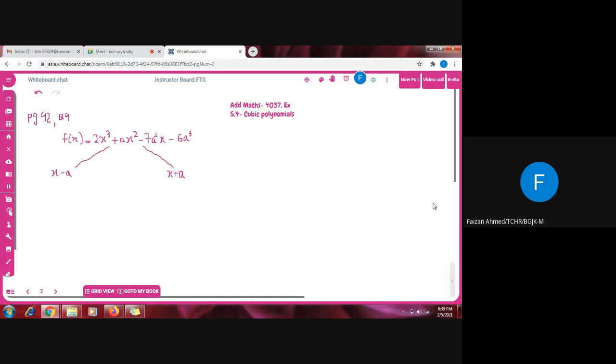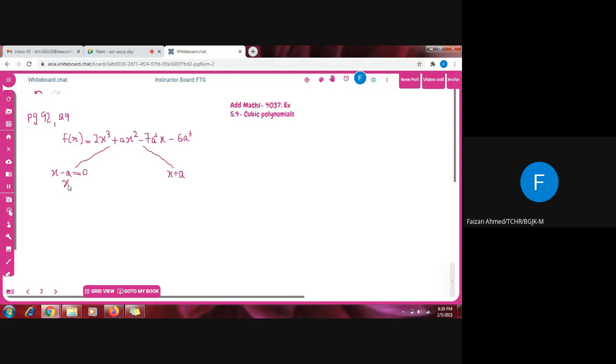So we are starting with the first part, and since we have to decide whether this is a factor or not, we will be using the factor theorem. The factor theorem says that whenever a divisor is given to you and you have to identify whether it is a factor or not, you just equate it with 0 and find the value of x.